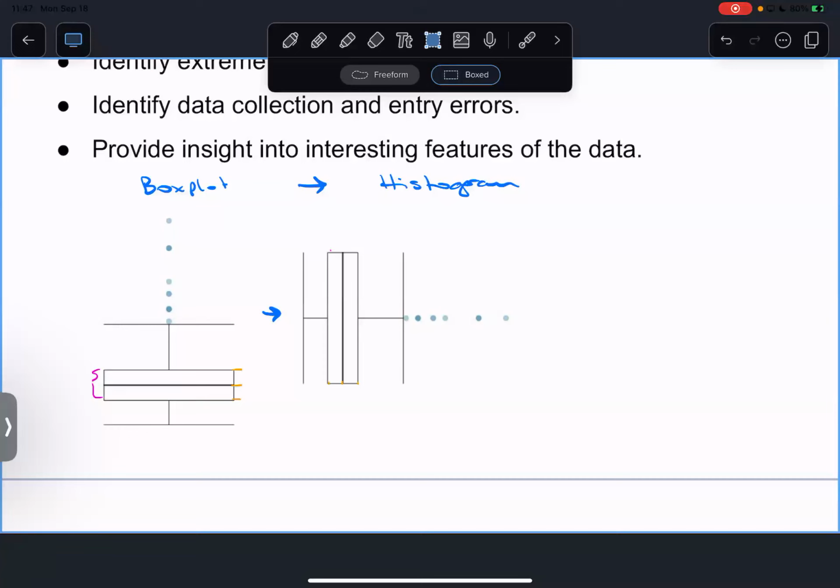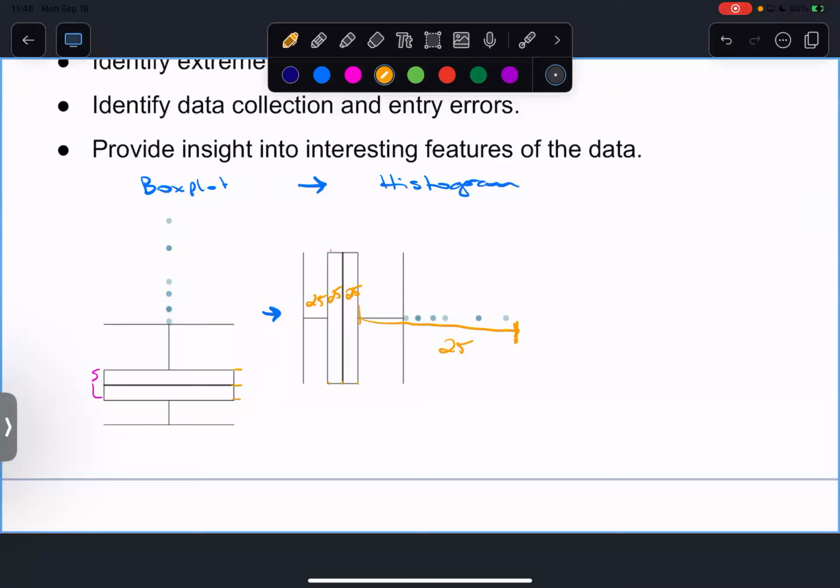So now it's saying that I have a lot of data points. 25% of the data is in this tiny little range here, 25, 25, 25. And then between here and here is 25, I guess it ends there, between Q3 and the maximum. And so that's quite a long distance, which gives me that tail.